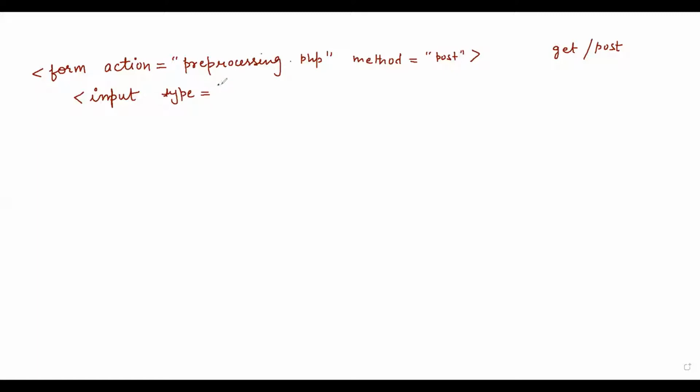So here I'm taking input type is equal to text. And we can give this box a name as well. So the name of this is, for example, email. And we can give the size of this box. Let's say 30.